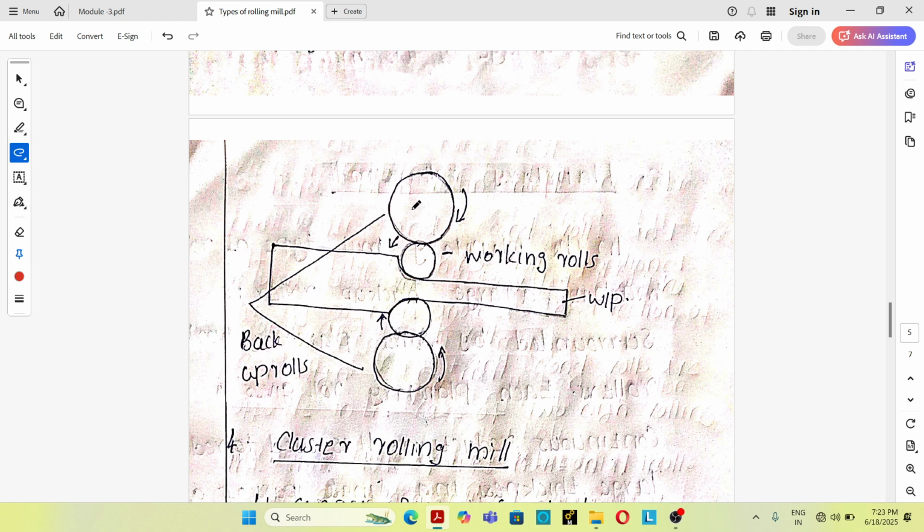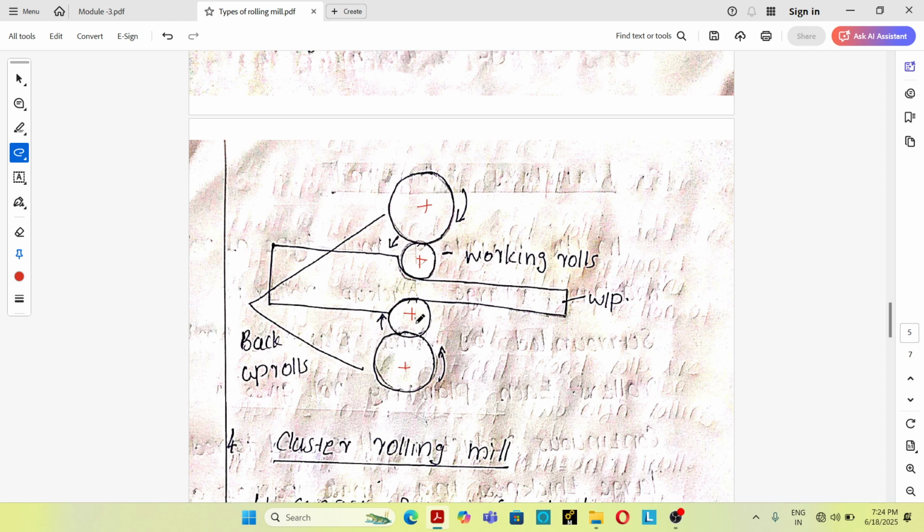See, this is the figure of a 4 high rolling mill. A 4 high rolling mill consists of 4 horizontal rollers, 2 of smaller diameter and 2 of large diameter.